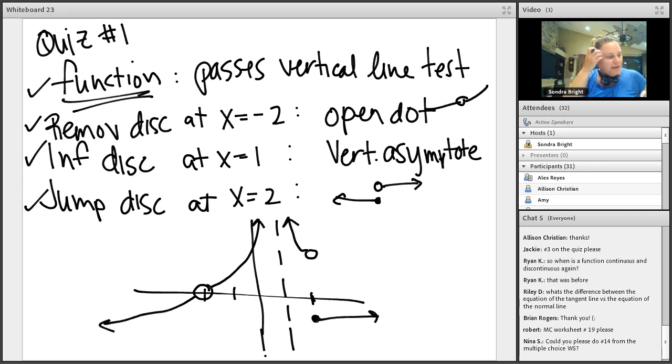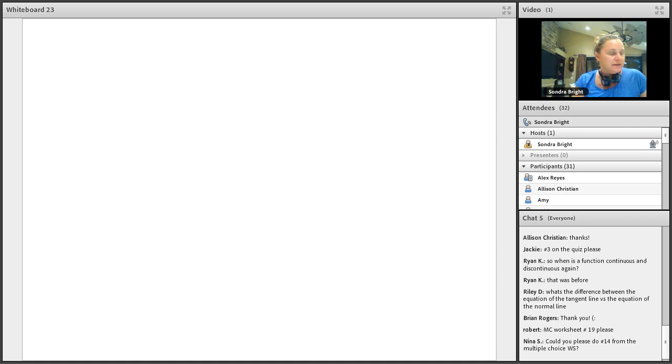Number 3 on the quiz. Okay, good one. So we can talk about continuity again, because it says using the definition of continuity, explain using math notation why or why not this guy is continuous.